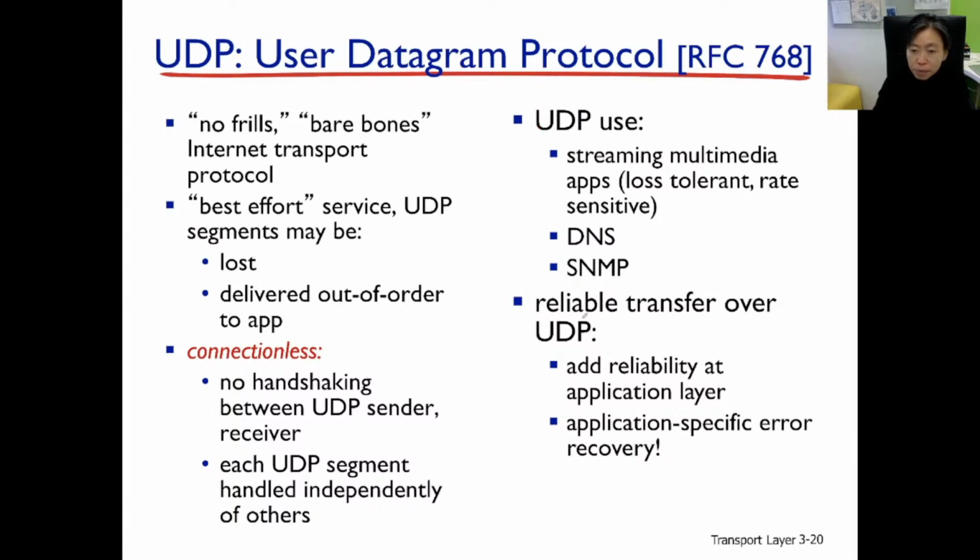Last point here. UDP does not do reliable transfer, but some applications might need reliable transfer services, though not 100% reliability is required. Then those might add the reliability at the level the application desires, and do application-specific error recovery.